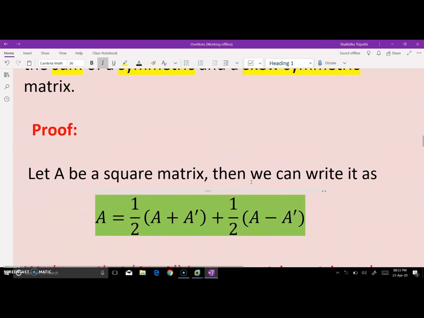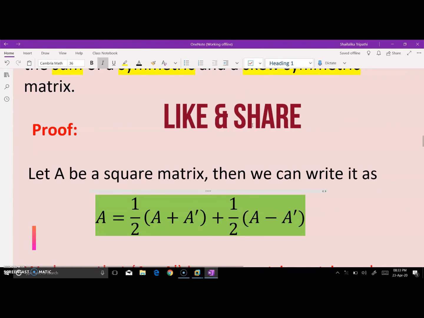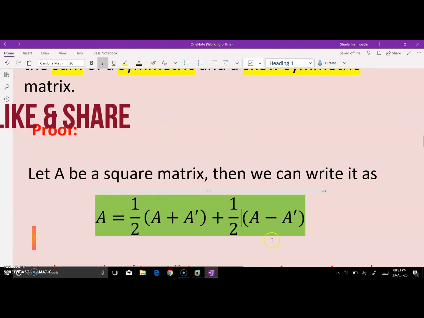And we already expressed this square matrix in the form of a sum of symmetric and skew symmetric matrix. All right, so this was the second theorem. Now next is very important: is this expression unique or not? Means, can we express the sum of symmetric and skew symmetric in any other form or not?